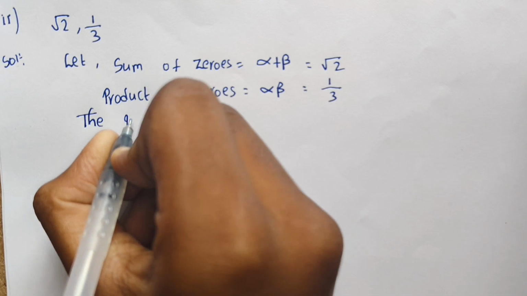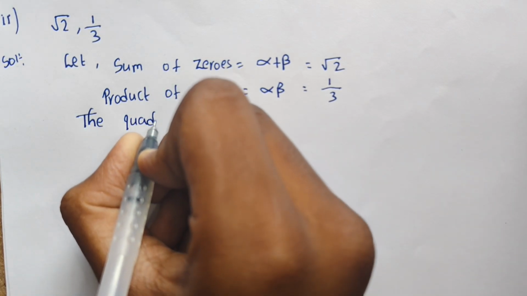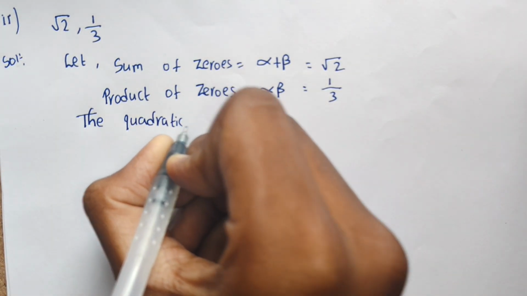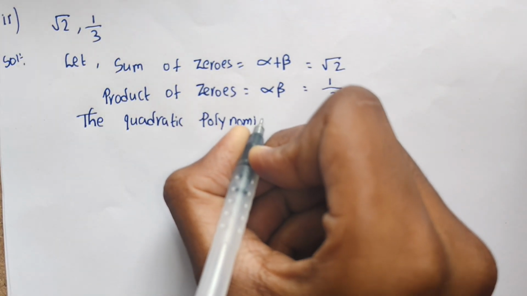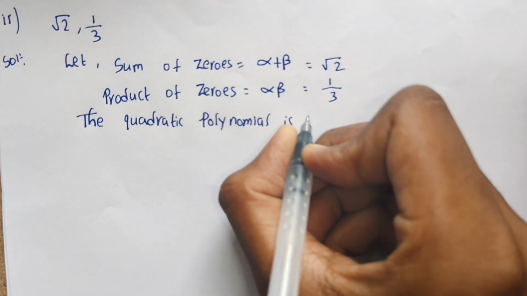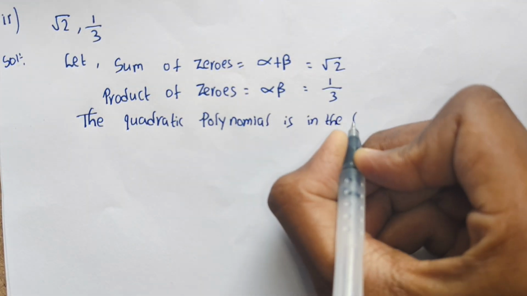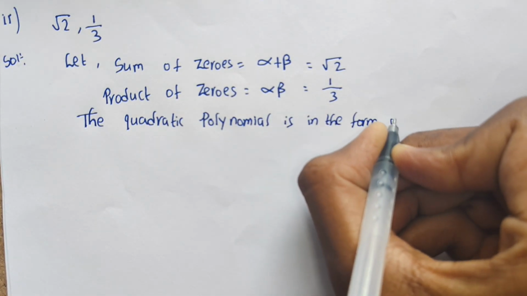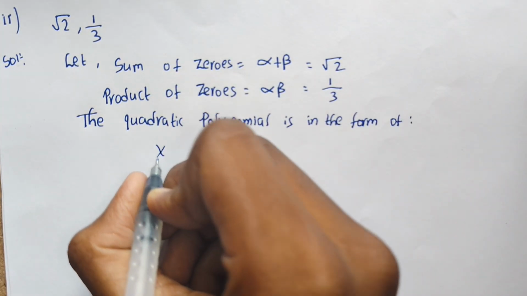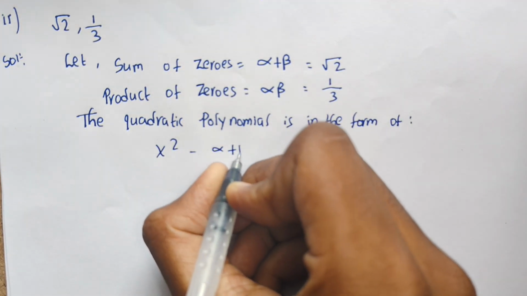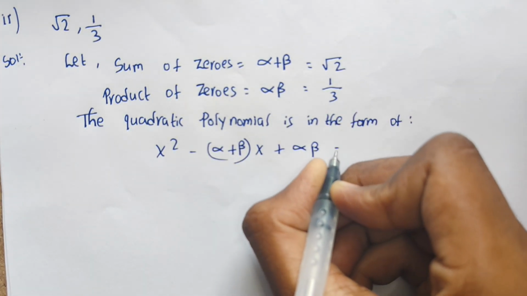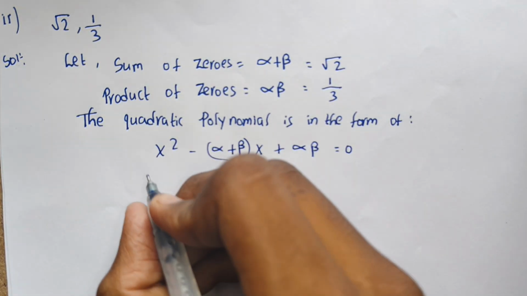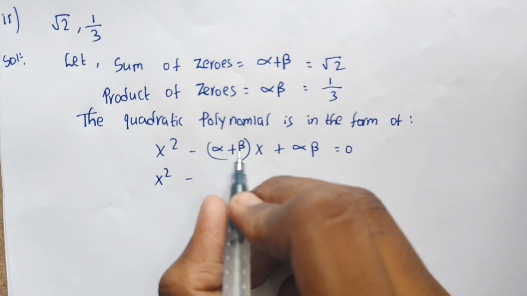The quadratic polynomial is in the form of x square minus (alpha plus beta) into x plus alpha beta equals 0. x square minus, what is alpha plus beta?